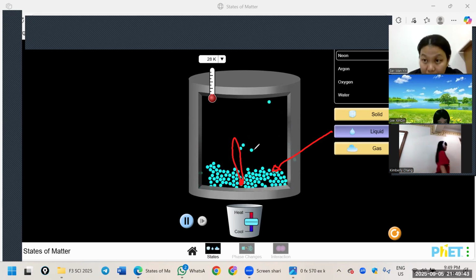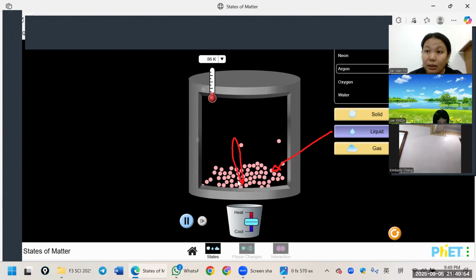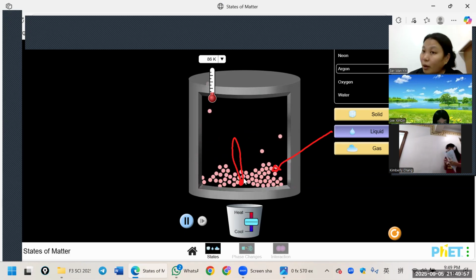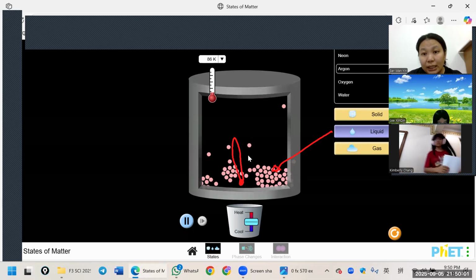Get the idea? Even though I put the thermometer inside the pink liquid, it is not part of the liquid, so it is outside of the liquid.